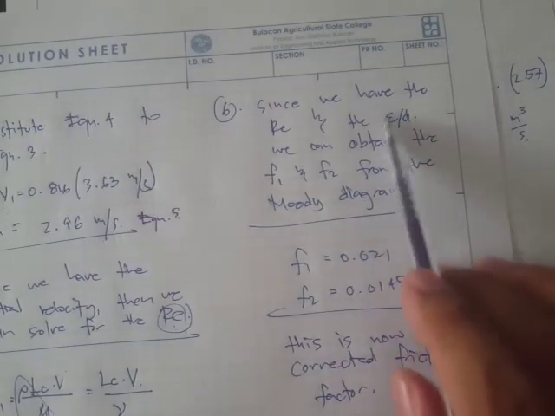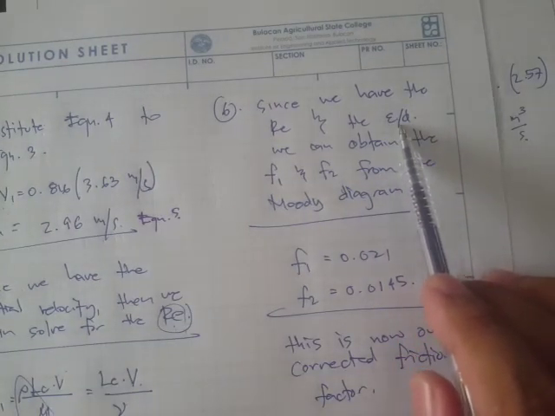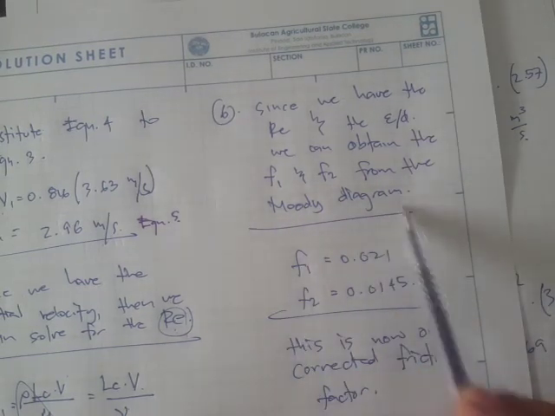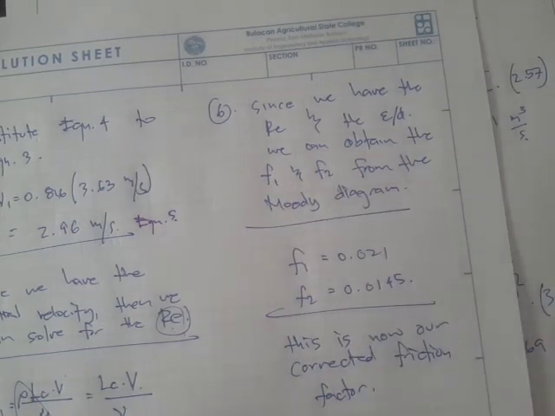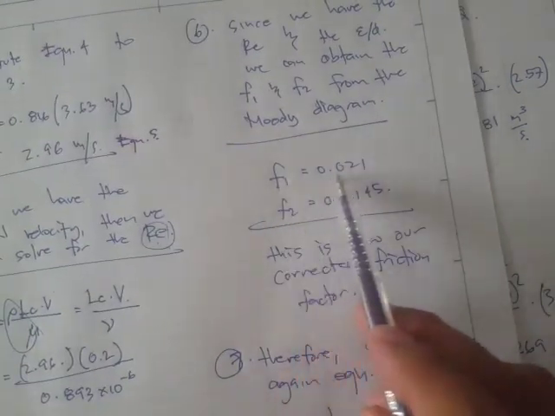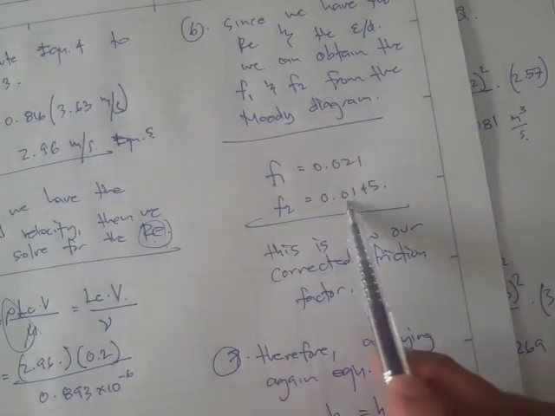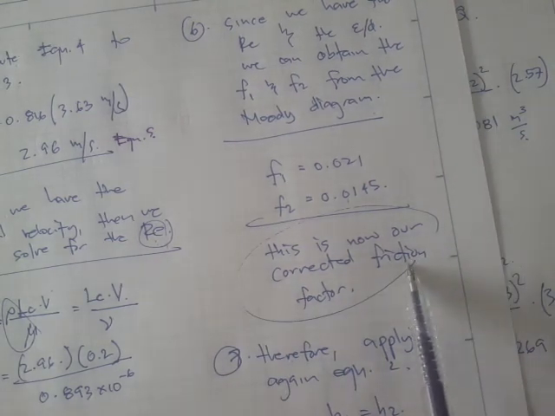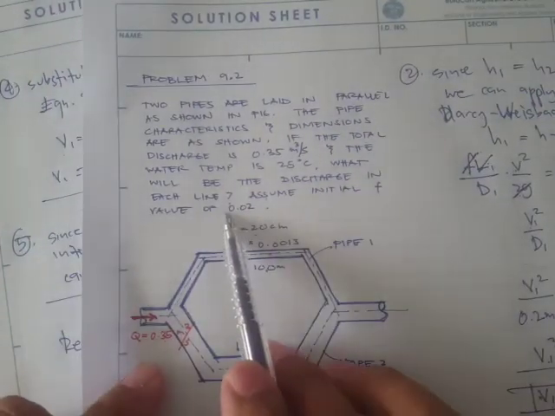Since we're also given the relative roughness, we can go to the Moody diagram to obtain the friction factors F1 and F2. Here F1 is 0.021, F sub 2 is 0.0145. So this is now our corrected friction factor, which is different from our initial value.